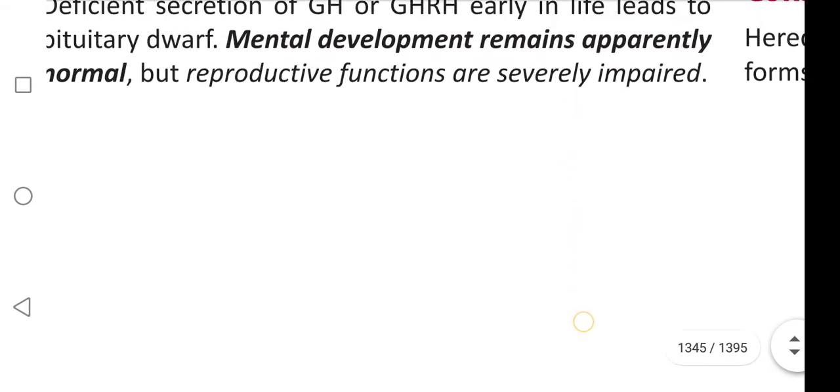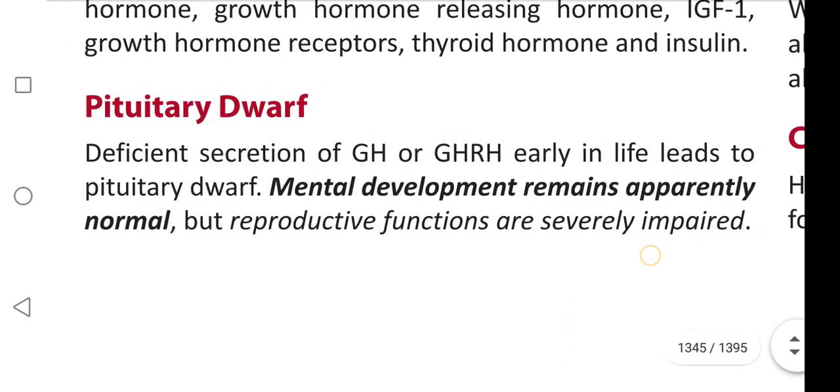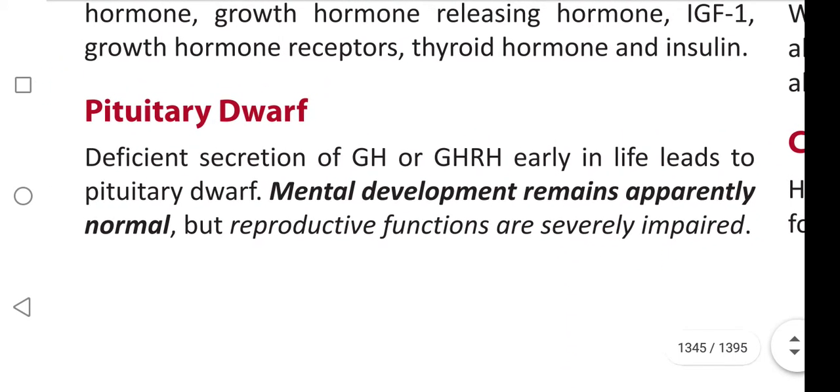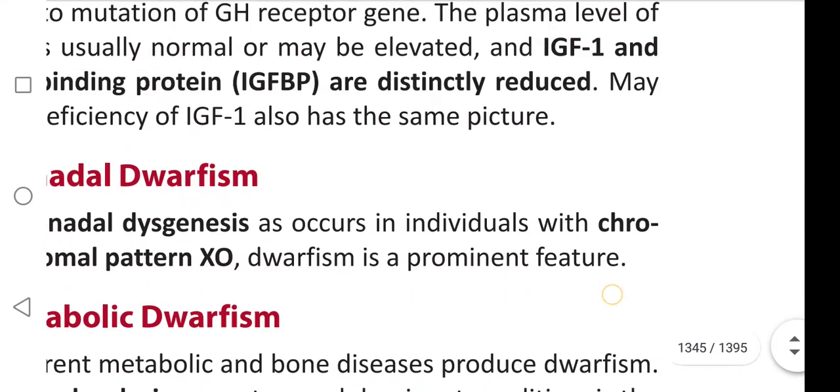In pituitary dwarf, reproductive functions are impaired because of non-development of the gonadal structures, but mental development remains normal.